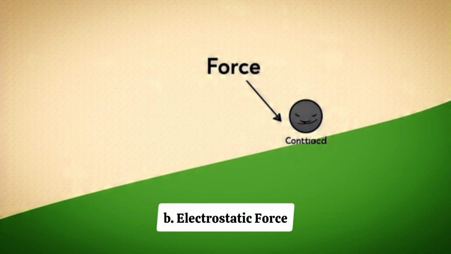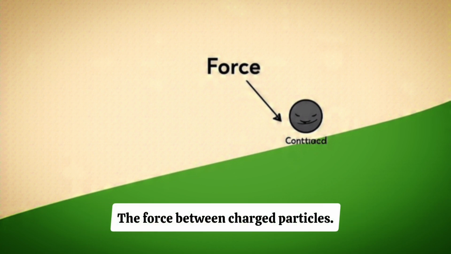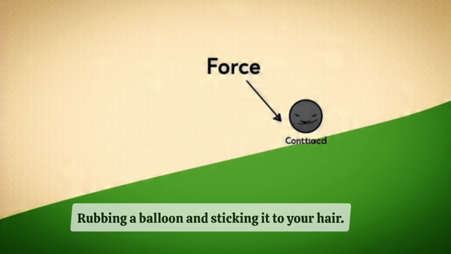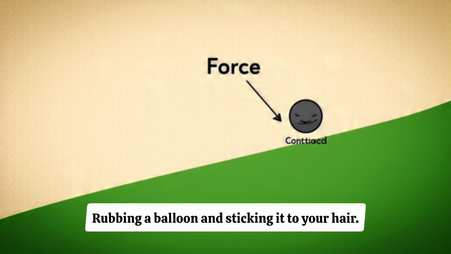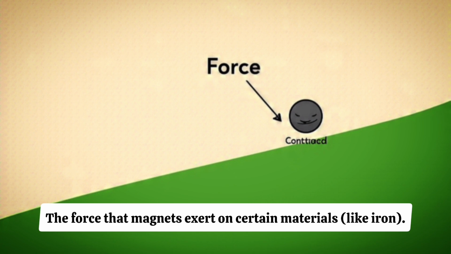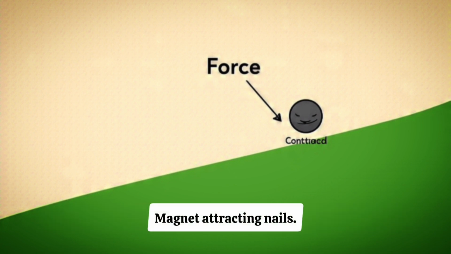B. Electrostatic force. The force between charged particles. Like charges repel, unlike charges attract. Example: rubbing a balloon and sticking it to your hair. C. Magnetic force. The force that magnets exert on certain materials like iron. Example: magnet attracting nails.